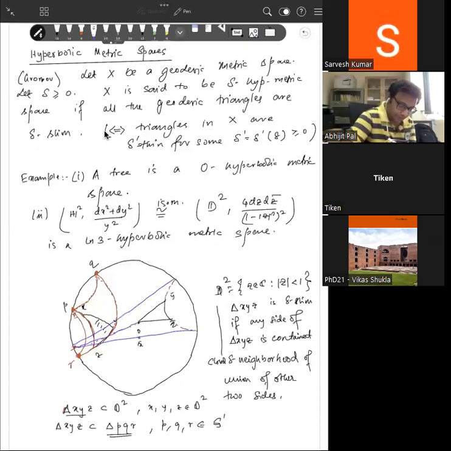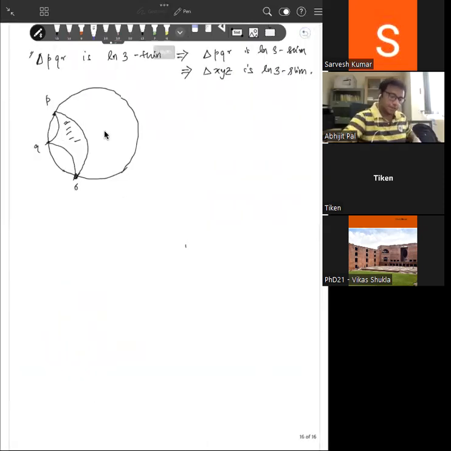Is it okay? Yes. I can take the bisector of that angle and extend, right? Correct, that also you can do.